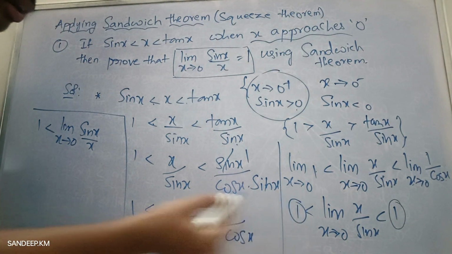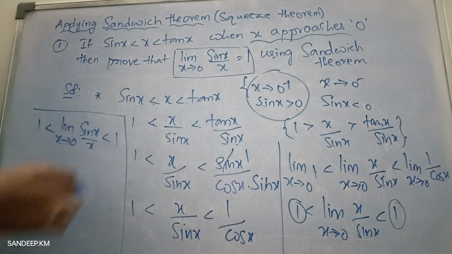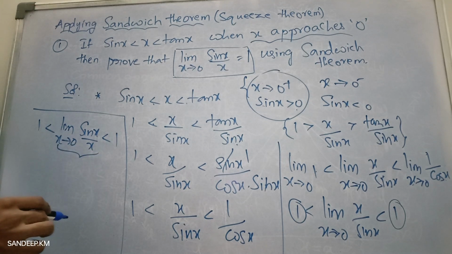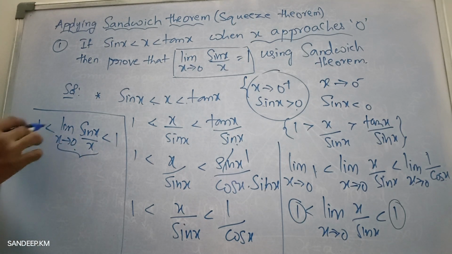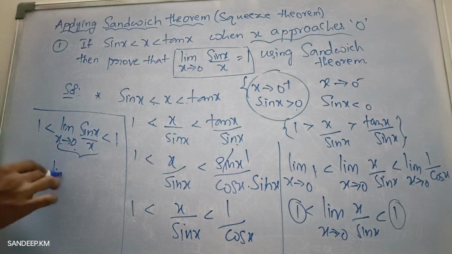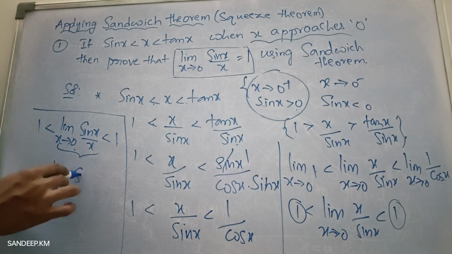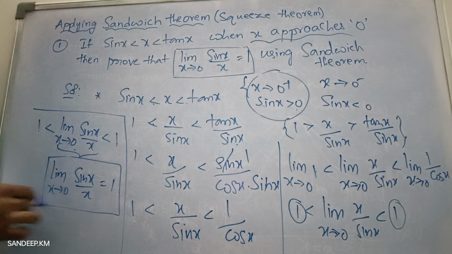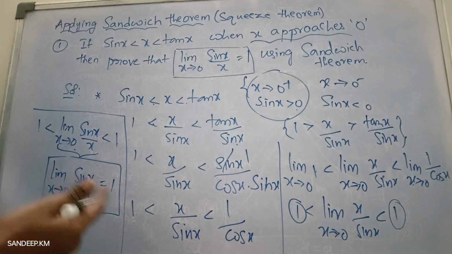And this number's reciprocal will come on the right side. 1 reciprocal is again 1. So therefore the limiting value of sin x by x when x approaches 0 is sandwiched between 1 and 1. What is the meaning of it? It means that limit x approaches 0, sin x by x is also equal to 1. So we have proved that limit x approaches 0, sin x by x is equal to 1 using the Sandwich theorem.